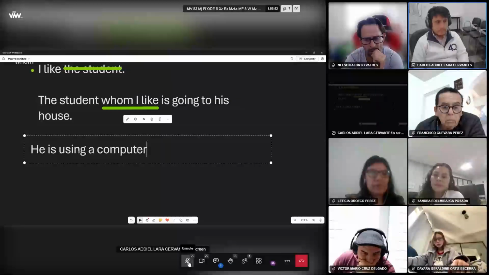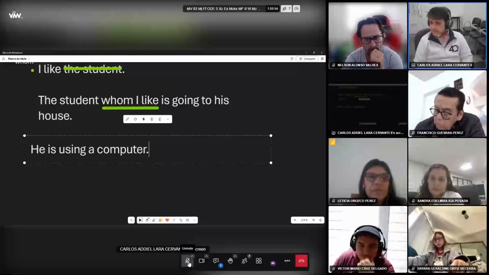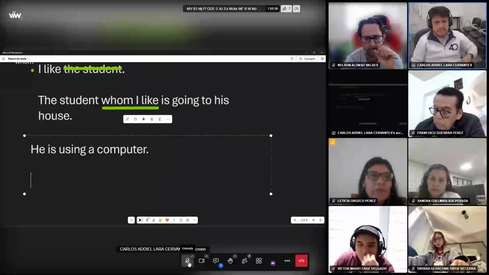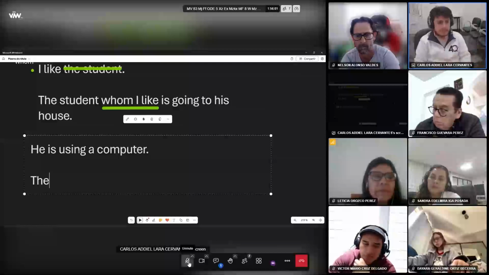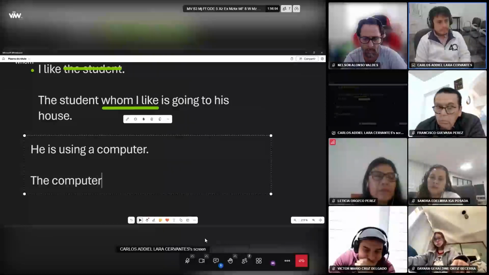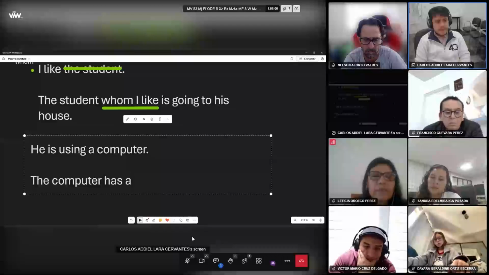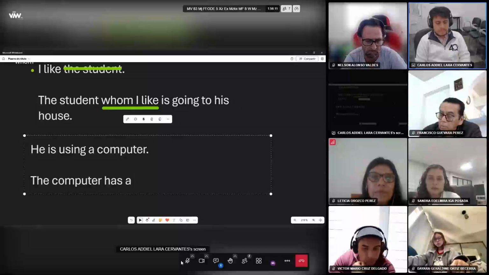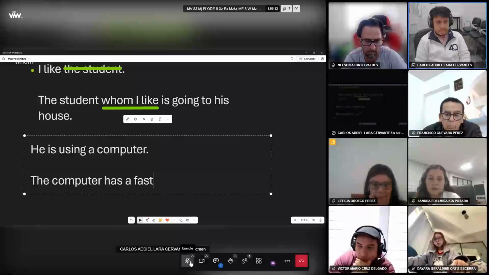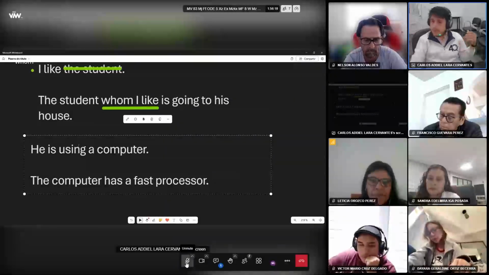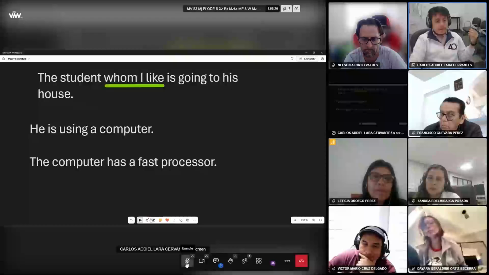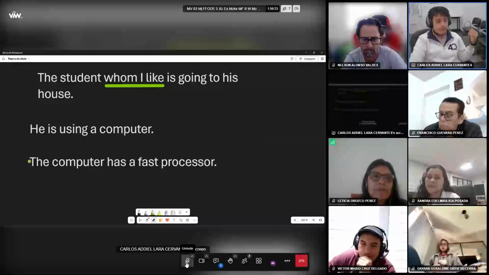He is using a computer. Okay, but what type of computer? What additional information can we say about the computer? The computer has a fast processor. Okay? So here we are repeating computer. Is the computer a person?